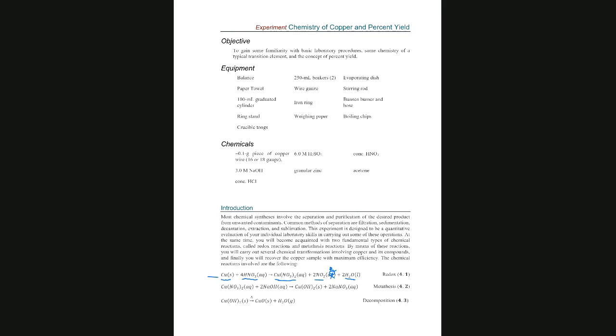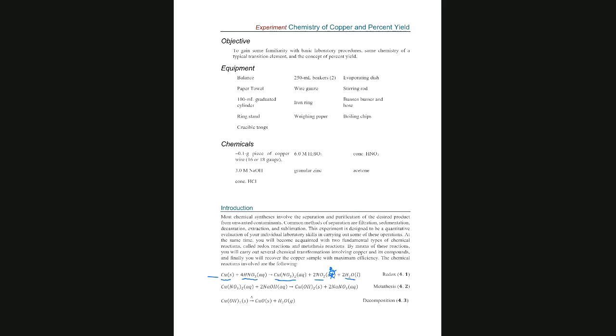Because you are not doing this experiment in the lab, you will be given the observations. The NO2 is a gas and has brown reddish fumes. So when you add the nitric acid, you will see those brown fumes of nitrogen dioxide.